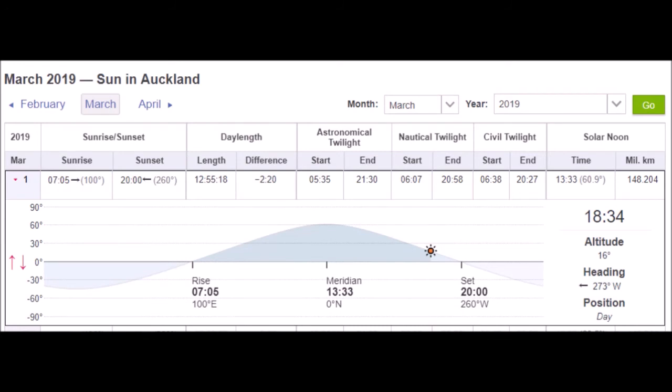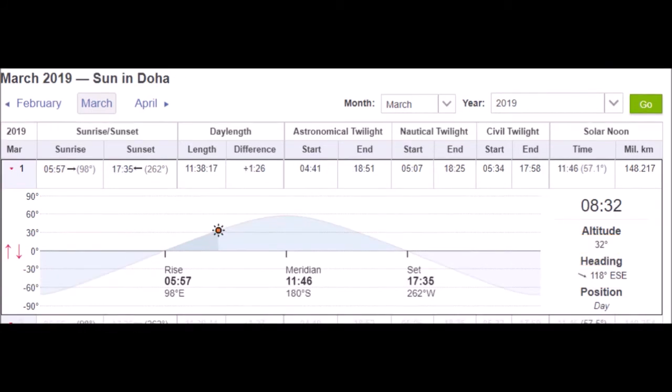As you see here, when the sun's azimuth is 273, the sun's elevation is 16 degrees. So that's my first angle. And in Doha, when the sun azimuth was 118, the sun elevation was 32 degrees. So that's the second angle.